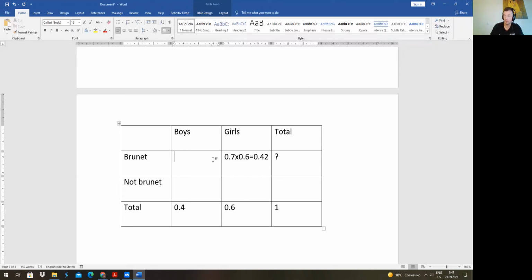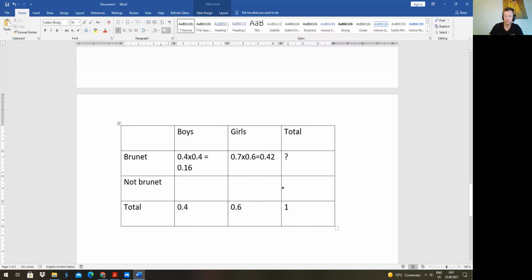So I know also that there are 40% of boys. So 40 here and 60 here, 60% of boys, right? So I multiply 0.4 by 0.4 and I have 0.16. So now it's simple to establish all other cells here. Nothing is difficult, right?